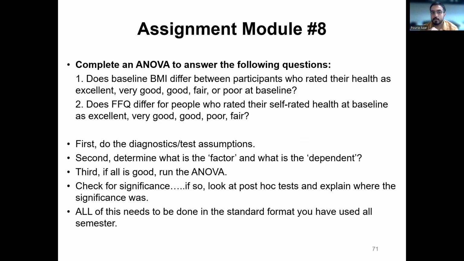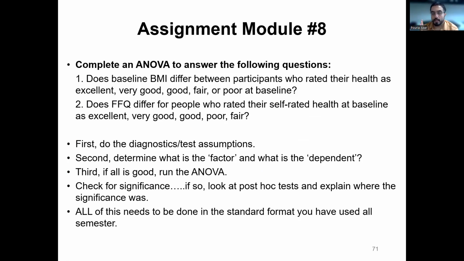Number 1, does baseline BMI differ between participants who rated their health as excellent, very good, good, fair, or poor at baseline? That's one statistic procedure, one research question. You have to run ANOVA for that one. Why ANOVA?